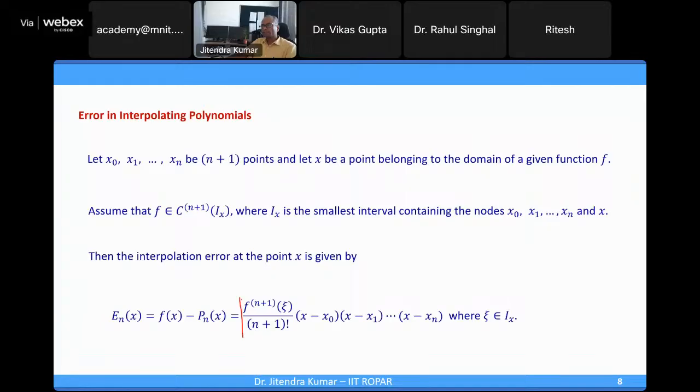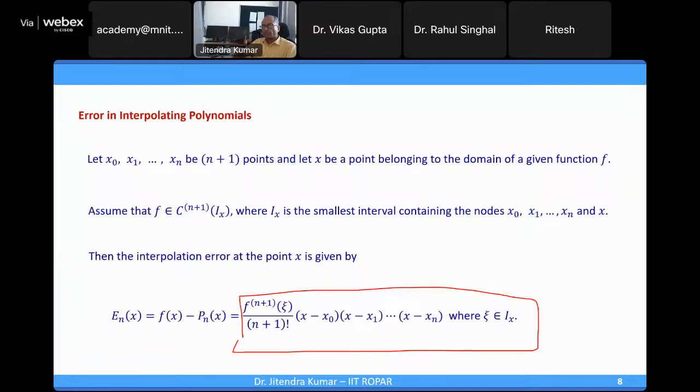It gives you the error, where the n+1th derivative is used, and also you have all these factors x minus x0, x minus x1, up to x minus xn, where this xi, which is the argument of the n+1th derivative, also belongs to the same interval.